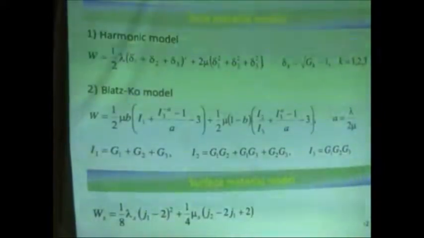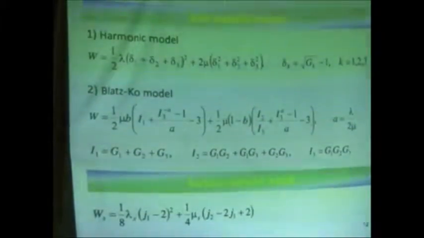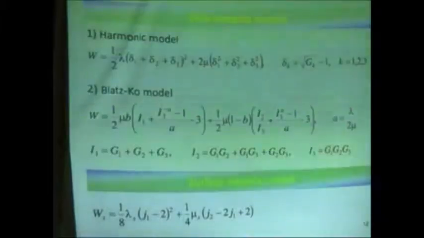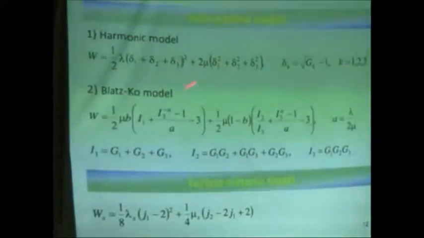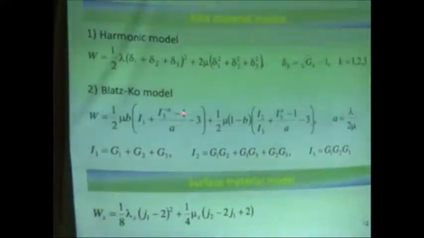In the case of the blades and core model, we consider two limiting cases. The first case is when B is 0, which leads to the absence of this term in the strain energy density. And the second limiting case is B equal to 1, when the second term vanishes. So we can see that we effectively considered three models.